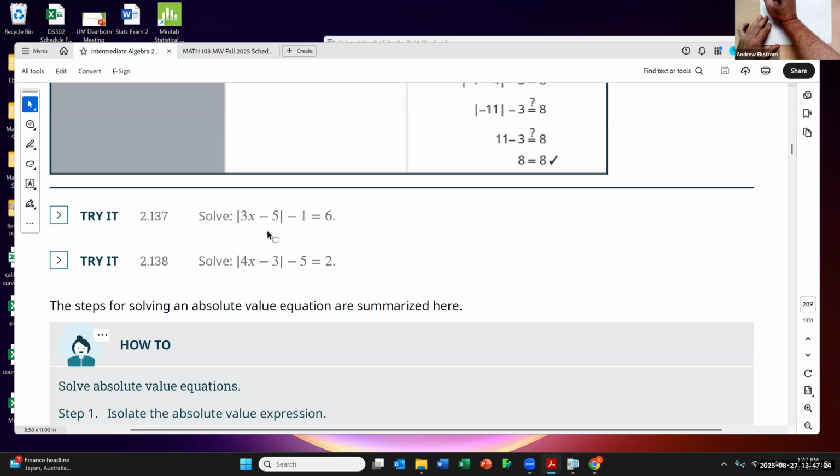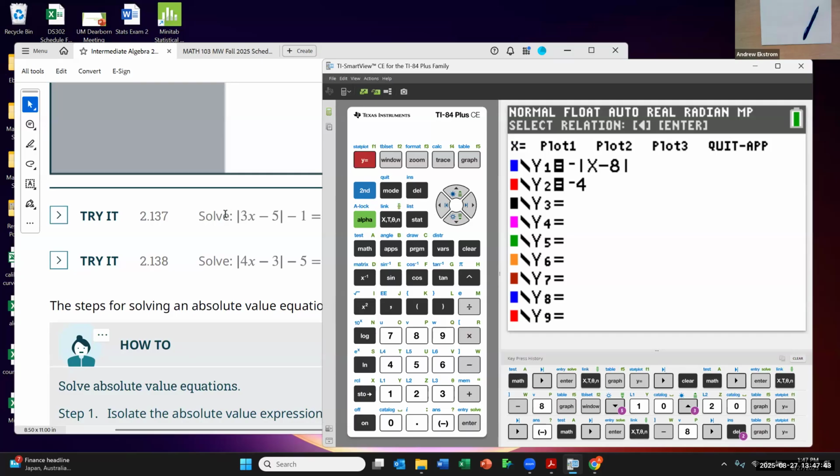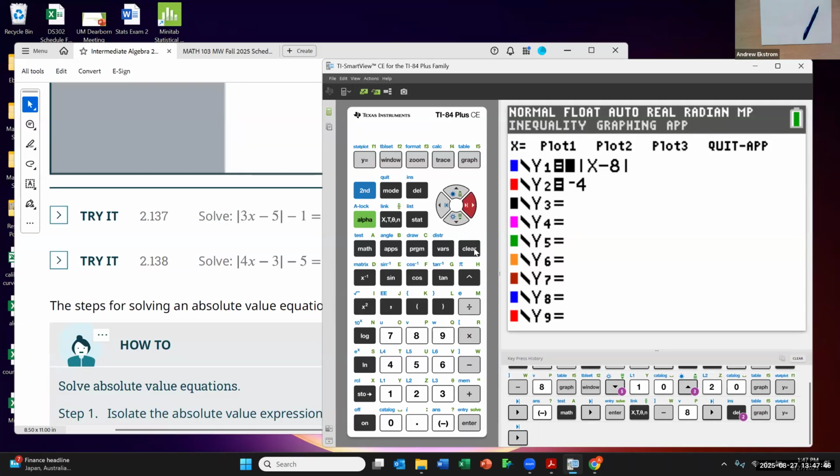It's the absolute value of 3x minus 5, absolute value symbol, minus 1 equals 6. So again, say this is a problem that you have on the exam. We'll try to graph these.